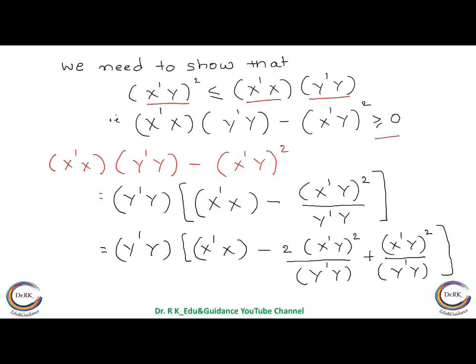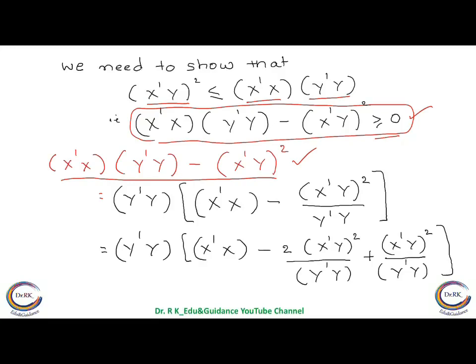Simply bringing this over, we change the inequality: a less than or equal to b is nothing but b minus a greater than or equal to 0. So in order to prove that, we can prove this one.